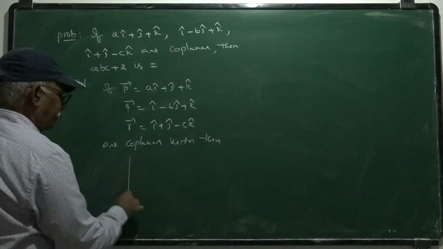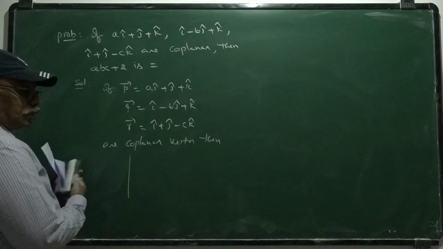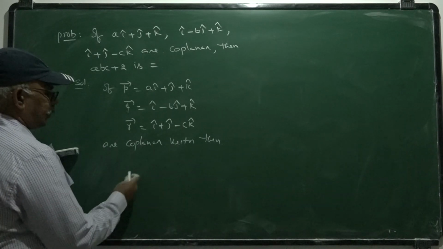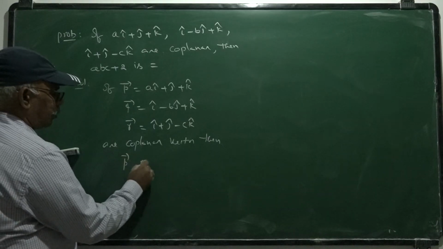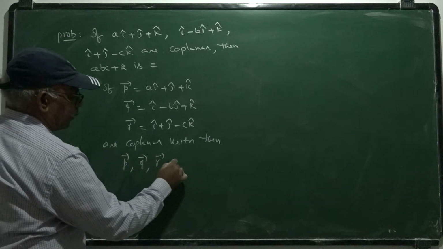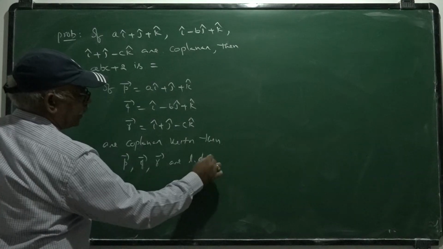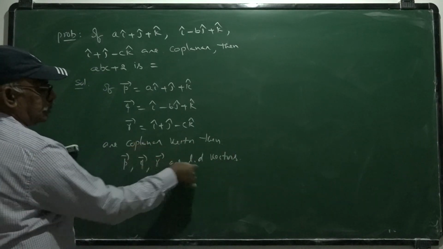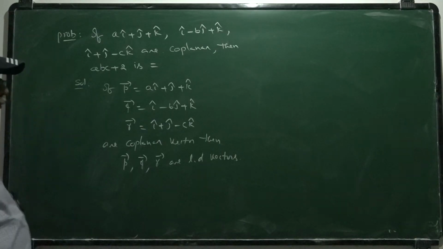Then once they are coplanar, they are always linearly dependent vectors. Then P bar, Q bar, R bar are linearly dependent vectors. Once they are coplanar, they are linearly dependent.